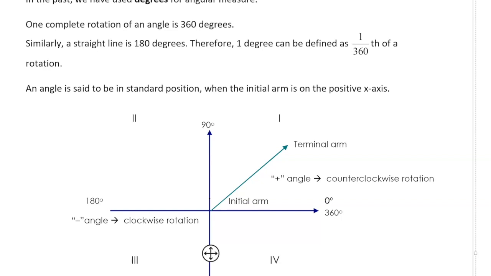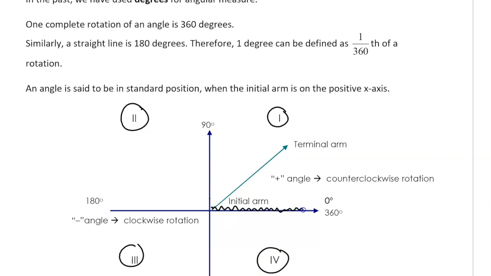Okay, so regardless, we have 360 degrees around a circle, and to review some terminology, we have quadrant 1, quadrant 2, quadrant 3, and quadrant 4. We begin with our initial arm, always right here on the x-axis, at the beginning of quadrant 1, and when we move in a counterclockwise rotation, you create an angle in standard position.